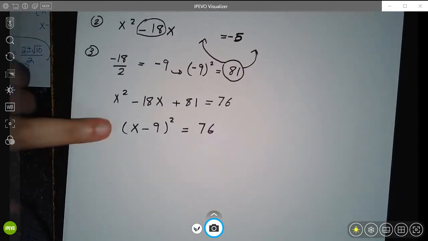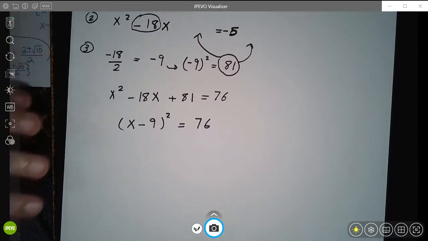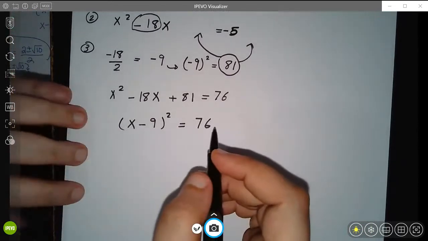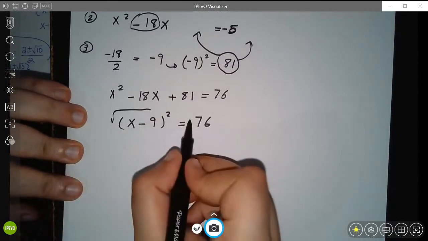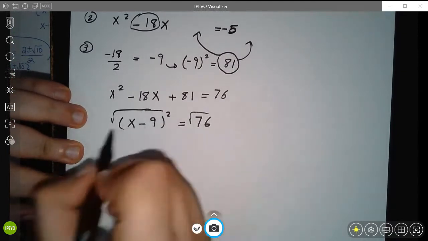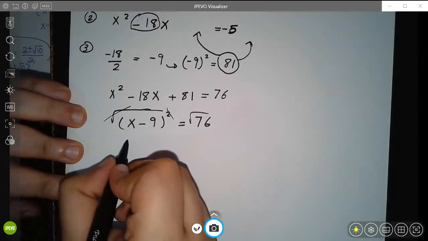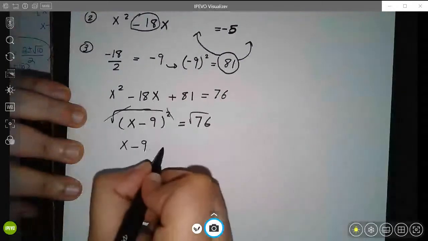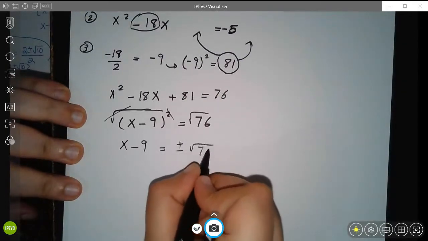Okay, so now since we have a pair of parentheses squared, solving this becomes easy. All you need to do is take what? The square root of both sides. So I'm gonna take the square root of this and square root of that. So squared cancels with the square root. And we have x minus 9 equals, don't forget the plus and minus, root of 76.